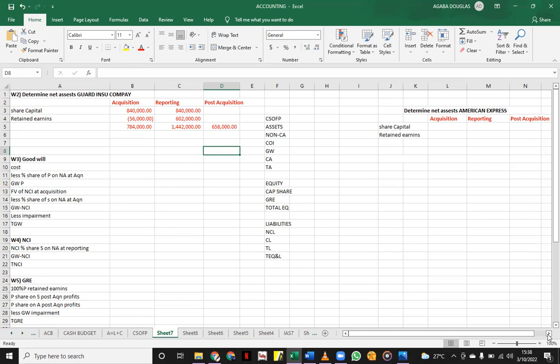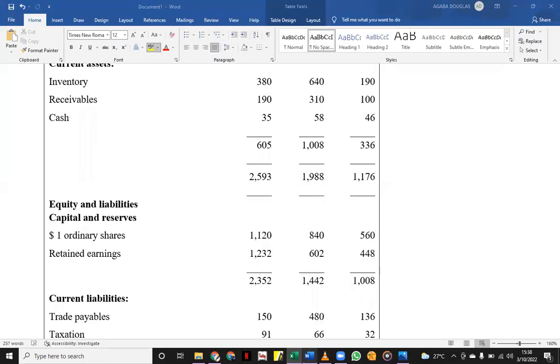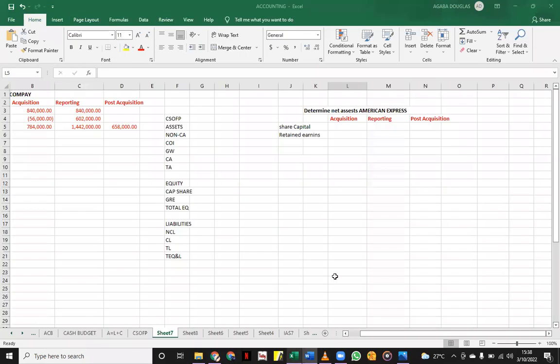Then allow me to also do the same for the associate very fast. We know by now that they told us they had 560 shares. So at acquisition, 560 shares, and then they had retained earnings of 140. Remember what we looked at in our additional information. Then we'll add them to know how much we have as acquisition.